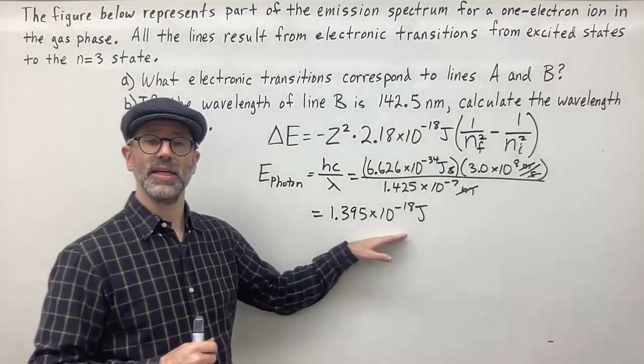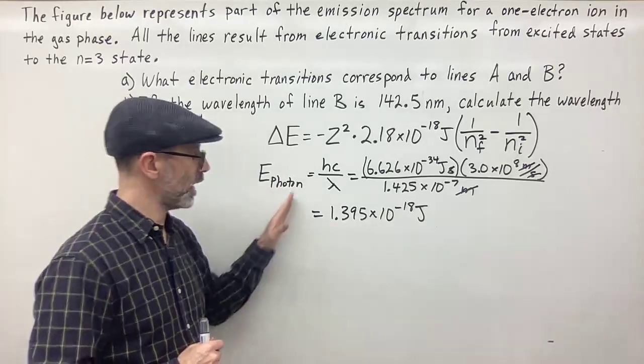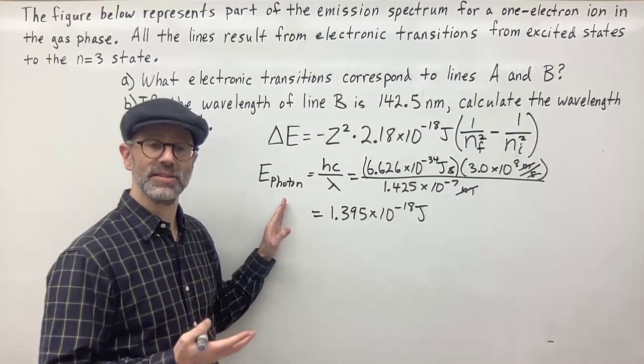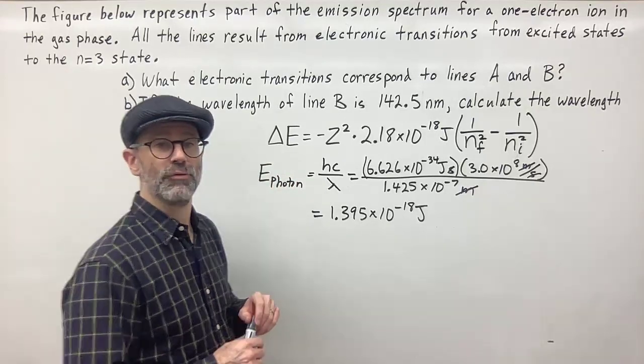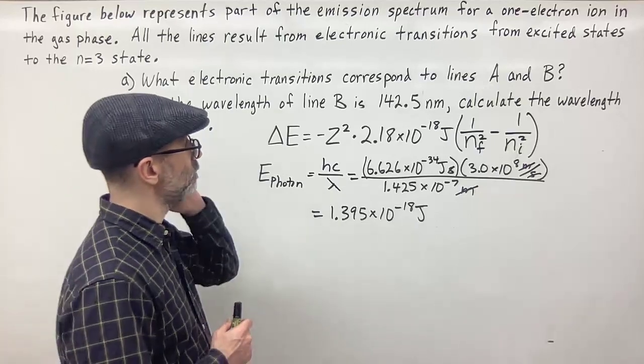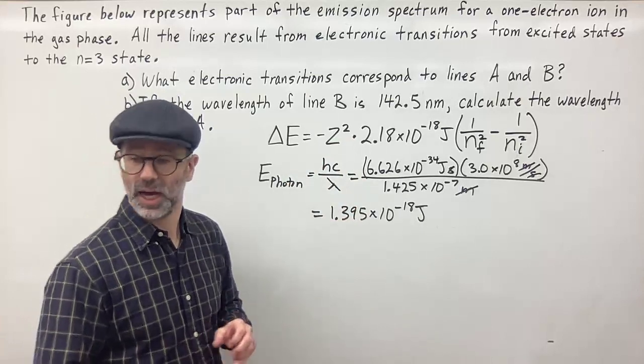So this is the amount of energy in joules that the photon has that was released from the electron when it did a transition from one energy level to the other.